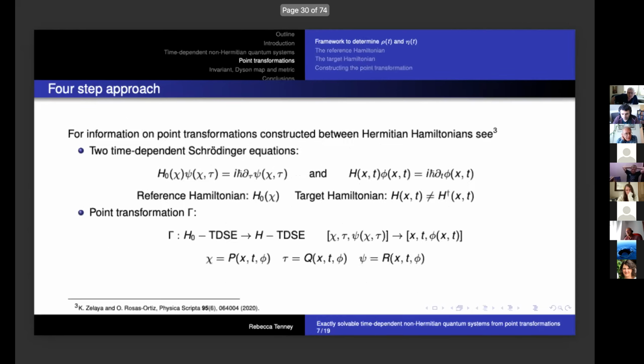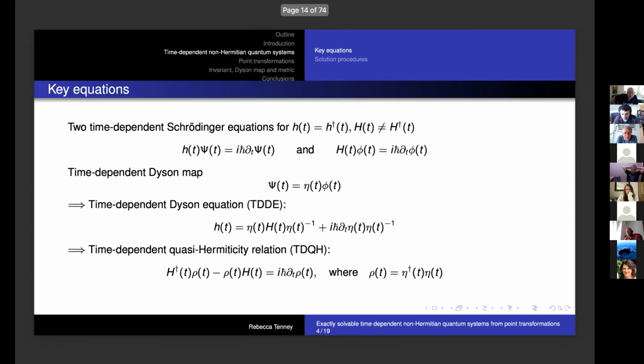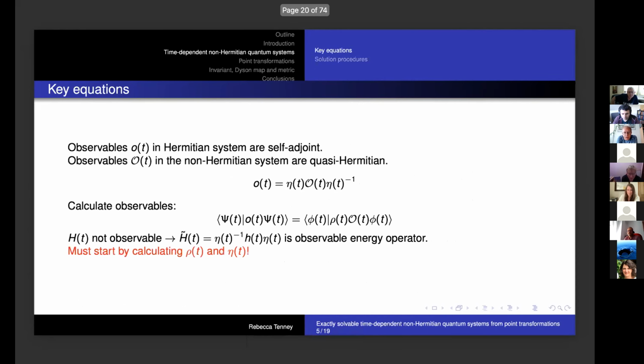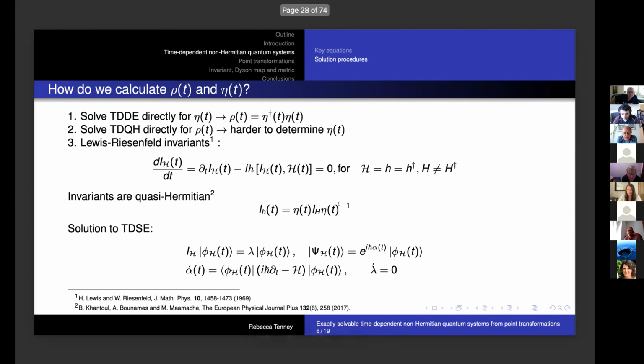Maybe you show this again, Becky. You can also summarize this again. Yeah. So that term makes it very hard to solve this equation. But when you go over the invariance, you reduce the problem to a similarity transformation. Becky told this all very nicely, but it's very technical and difficult to digest.